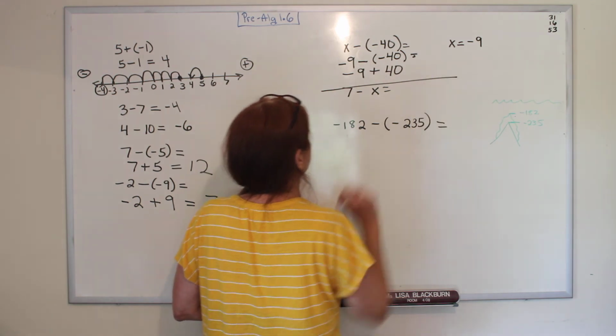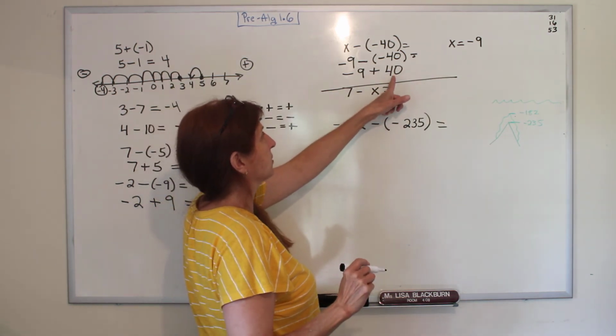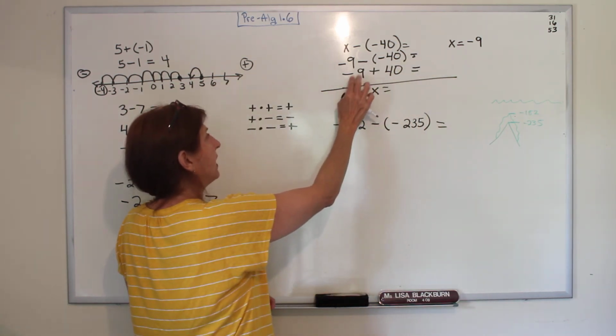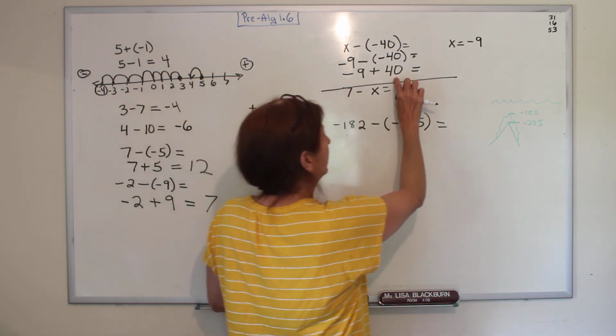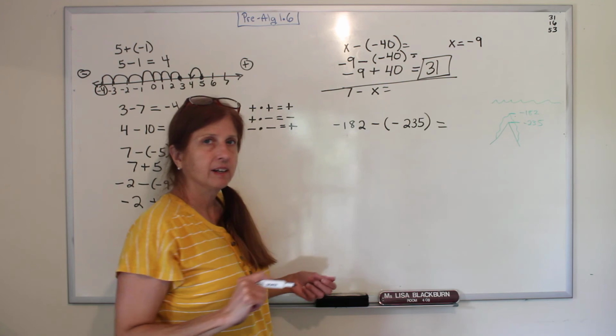I'm going to draw a line so we can see the difference in these problems. So that's really the same thing as 40 minus 9, but it's like I owed you $9, I paid you back. How many do I have left? I've got 31. Did that make sense?